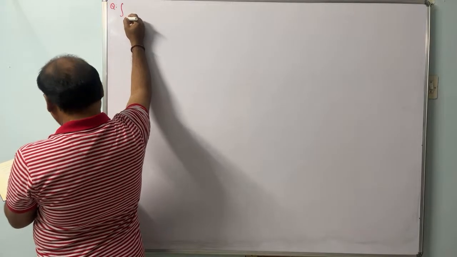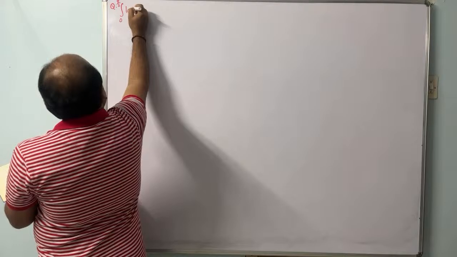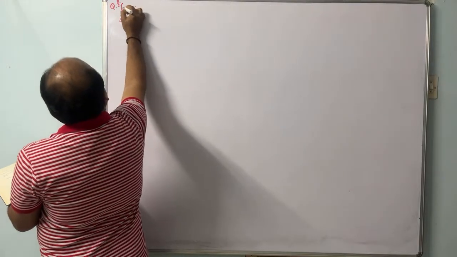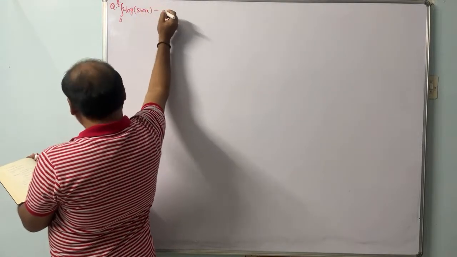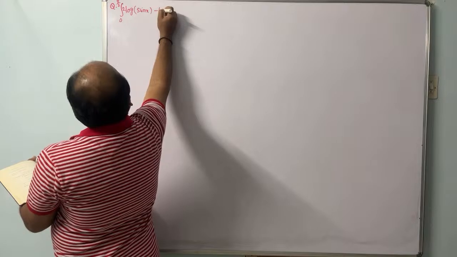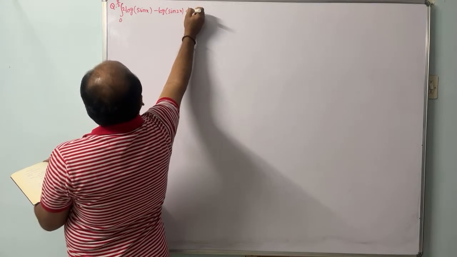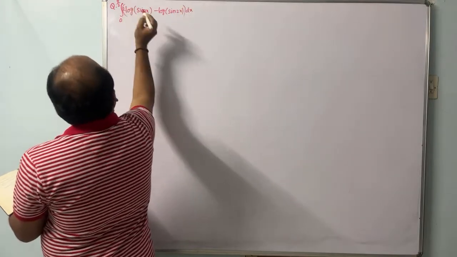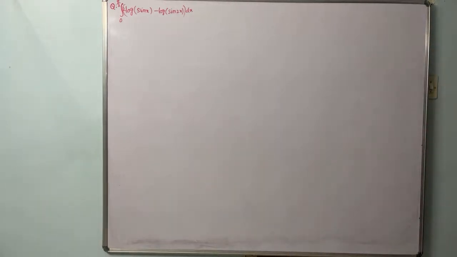Integral 0 to pi by 2, 2 log sin x minus log sin 2x into dx. This is completely in one bracket. So they are asking to find this value. Okay, dear students.